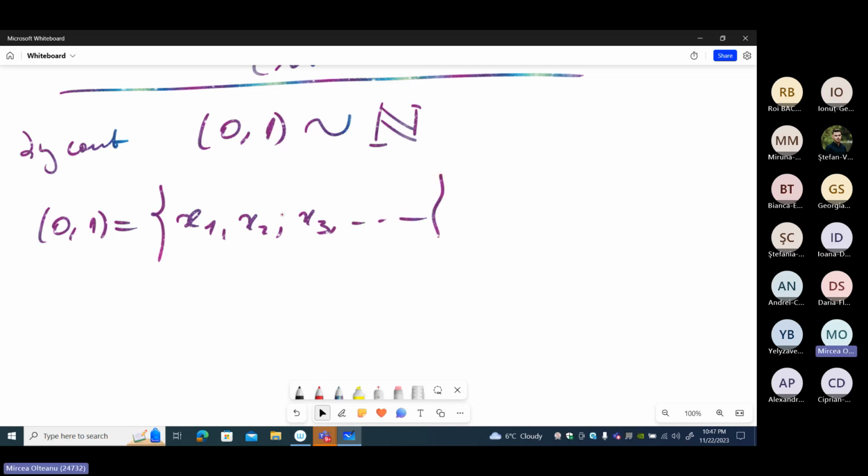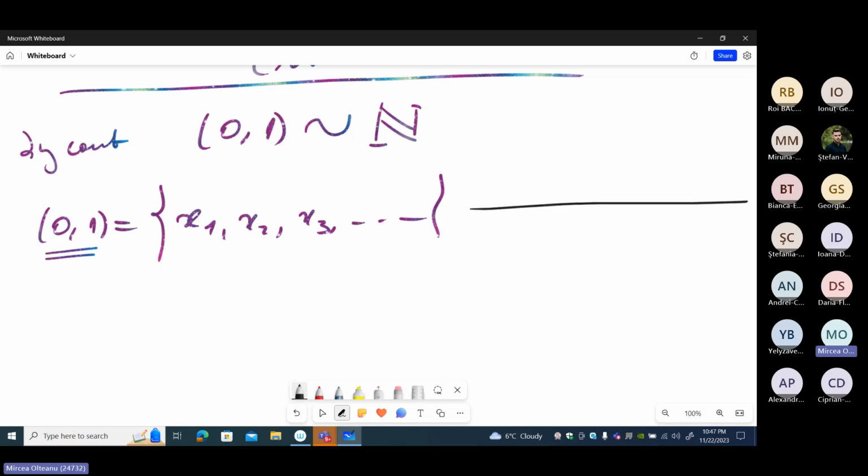Again, the contradiction will be obtained if we can define an element X which is in the interval 0, 1, and it cannot be X1, it cannot be X2, it cannot be any of these elements written here. In that case, the proof is over. And how did we do that? We did that in the following way.